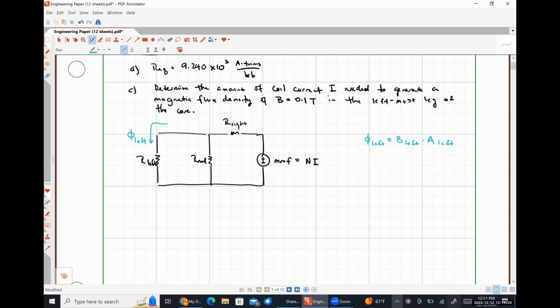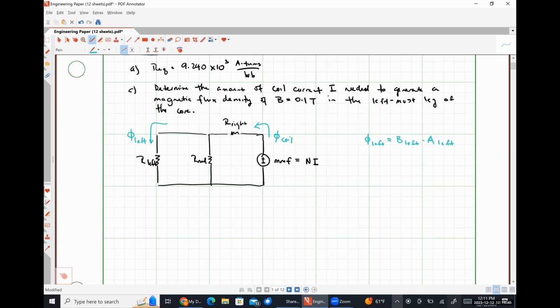So I believe that if I know what that flux phi left is, I can in turn then figure out what our coil flux is. And once I know the coil flux, I can use effectively Ohm's law for magnetic circuits to solve for the current I, okay?